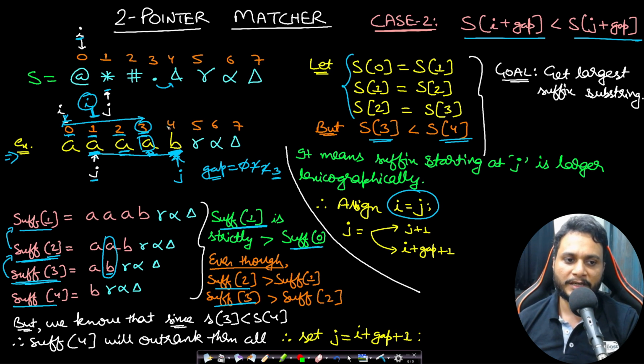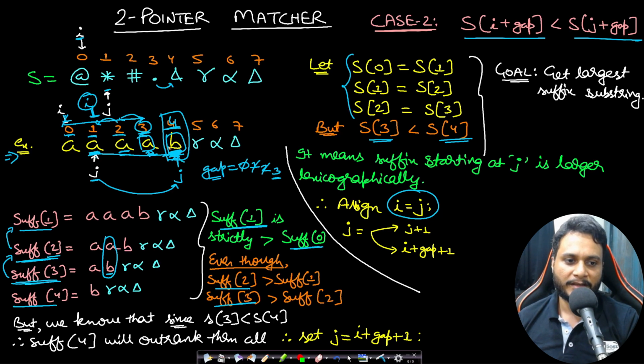But you should also note that at the first point of mismatch, this was a higher character. So it does not matter whether suffix 2 is greater or suffix 3 is greater, it will always be outranked by the suffix starting at 4, where the mismatch had actually happened. You can make your own examples and you will see this happening. And that is why j must be updated to this index where the mismatch had happened.